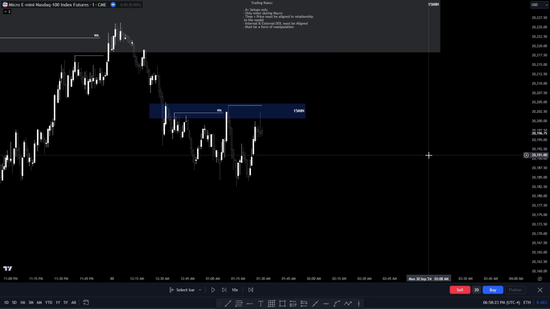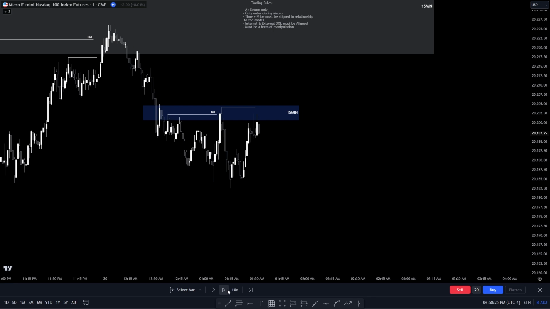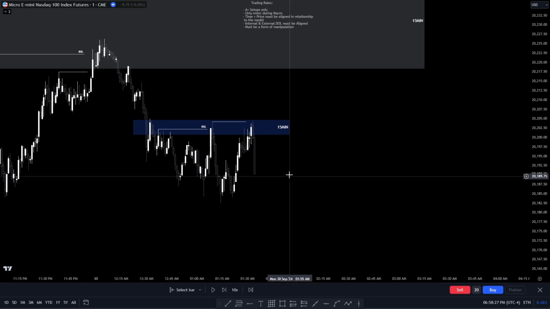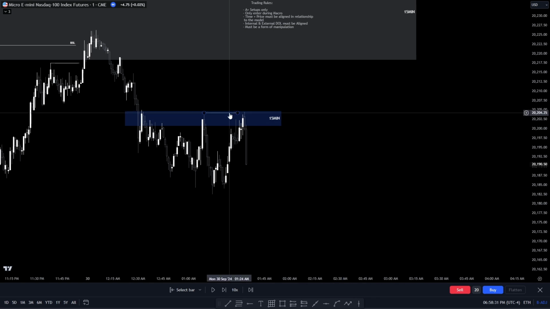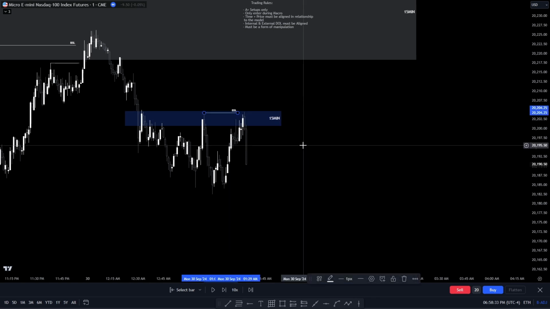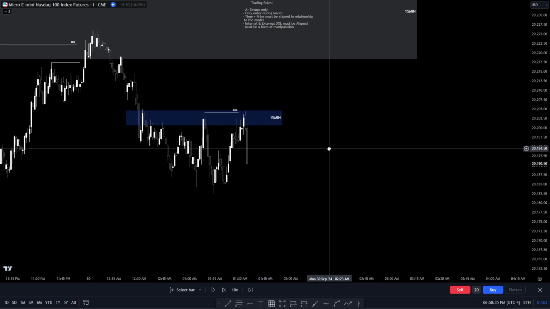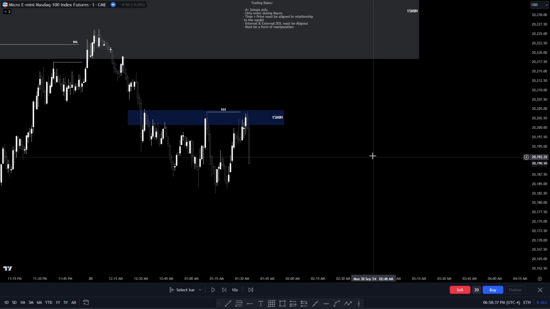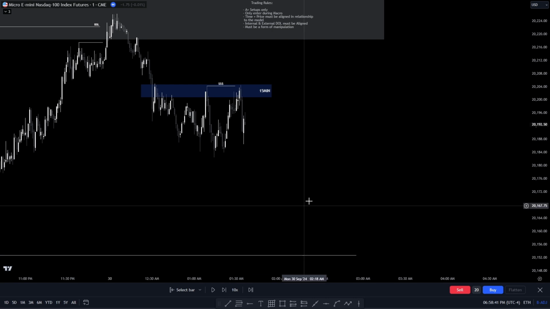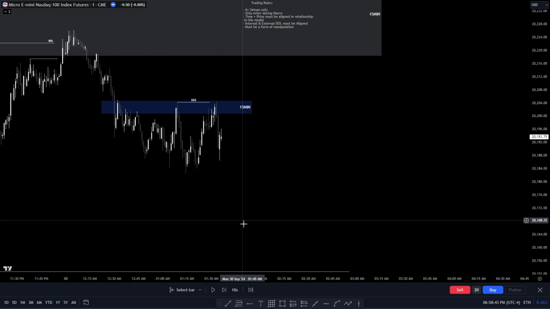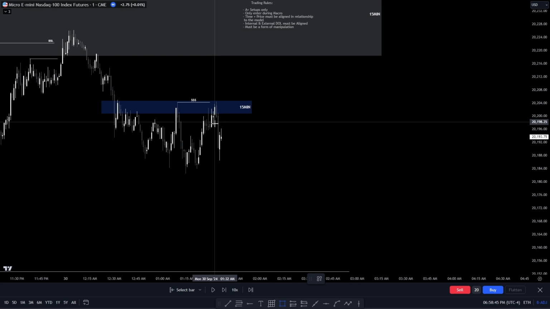So I waited for price to come back up, see if we would manipulate the highs. Swept buy side again. Saw us instantly reject. Saw us retrace back into this 1-minute.